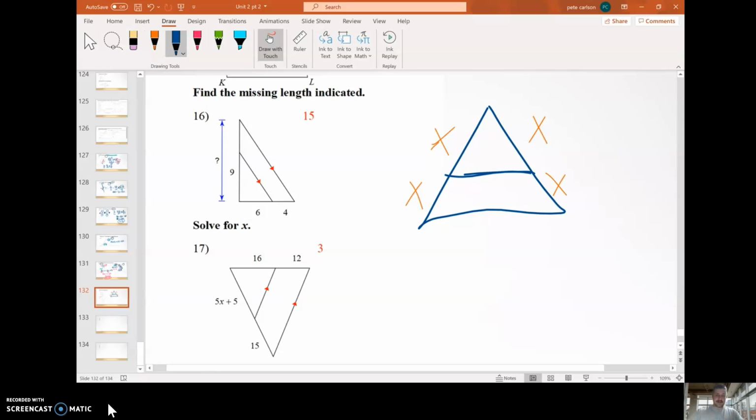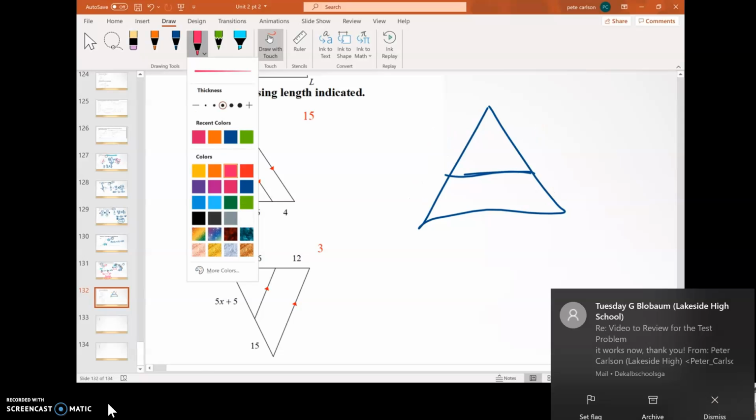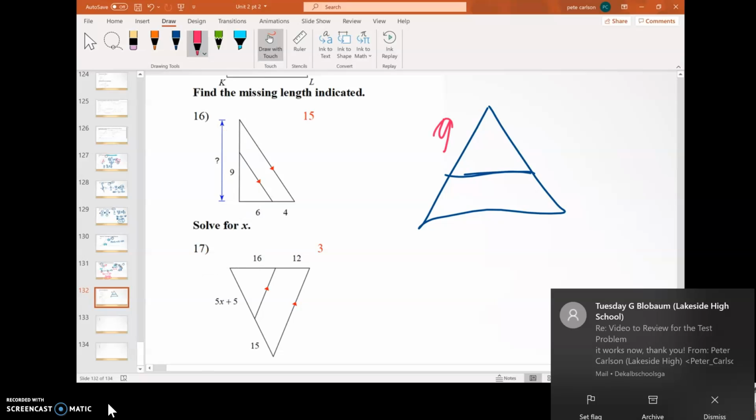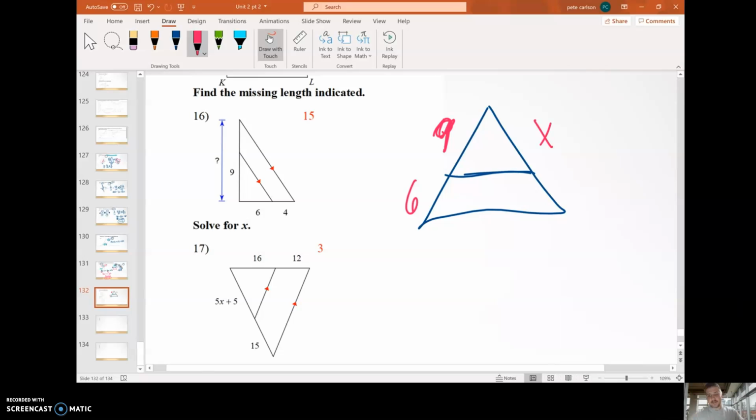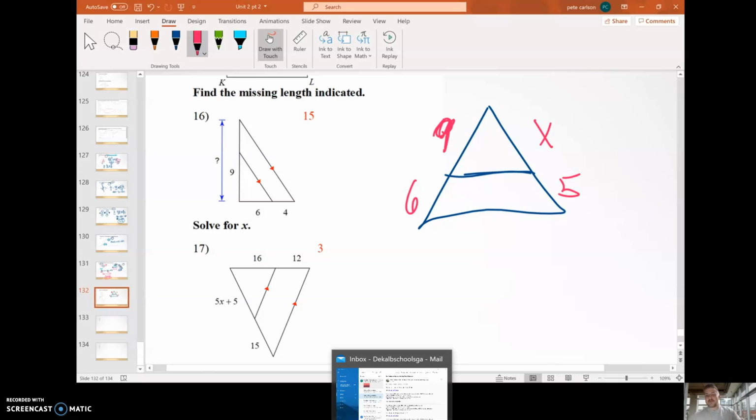So if I were to have something like this, let me put some numbers in there. If I said this was 9, and this was 6, and this was x, and this was 5, then the way you would solve it, you'd say 9 over 6 is equal to x over 5, and you would cross multiply. Okay? So they try to trick you on this first one.